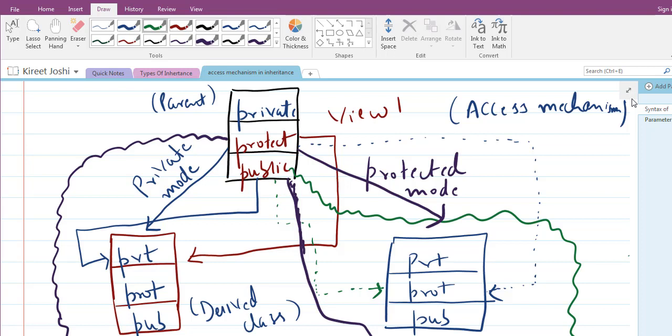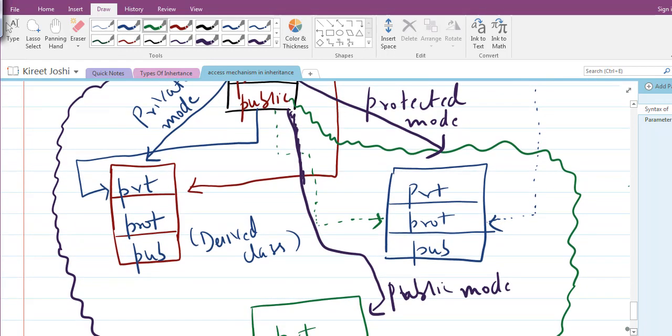The programmer is independent in choosing any of these modes, but then he has to focus carefully on how these modes change the access mechanism of the members of the existing class or the base class. So I hope this is clear to you. Thanks.